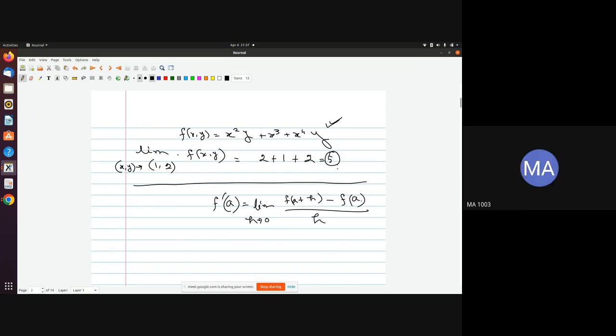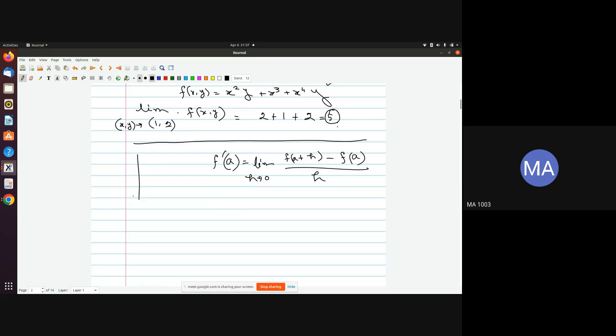Now basically what we are doing, if you remember, this is the function at point x equal to a, then at a plus h, I am measuring the increment, right? And I am basically bothered about that increment.